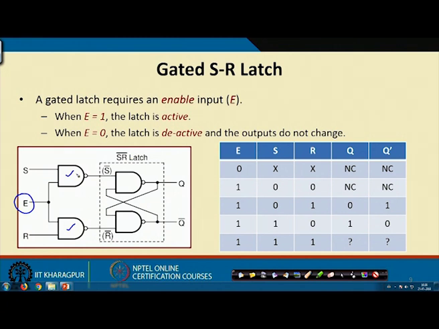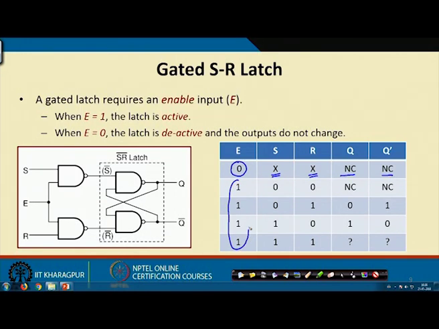We have just added this and we call this S, we call this R. We say when E equal to 1, the latch is active, when E equal to 0, the latch is not active. So, now this state table will look like this: when E equal to 0, then irrespective of what you are applying in S and R, there will be no change, NC means no change.